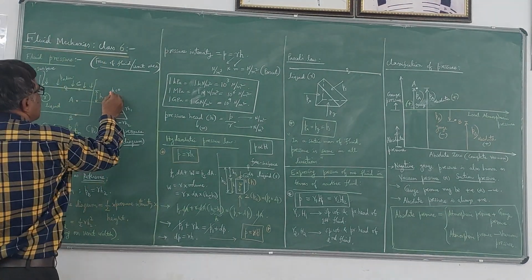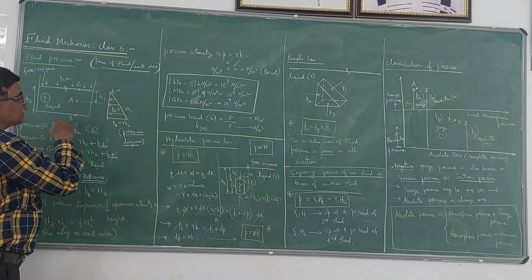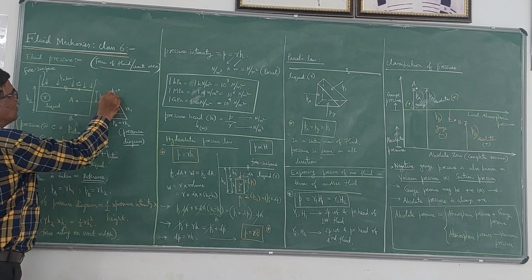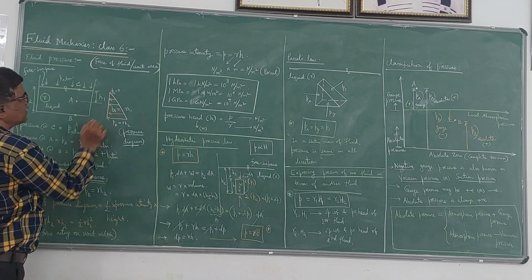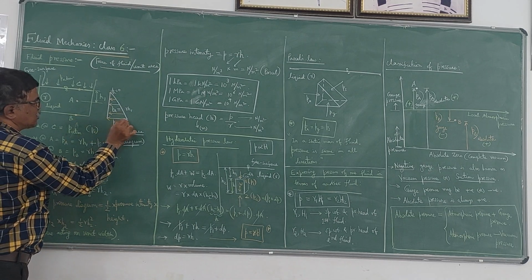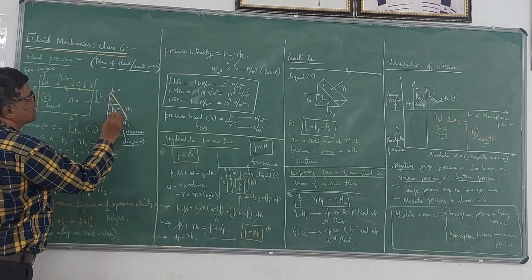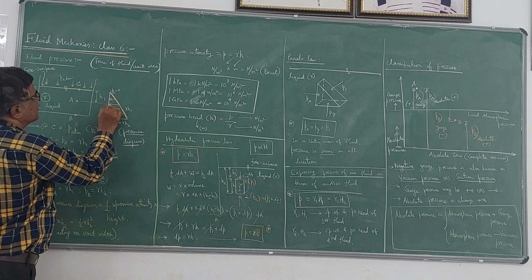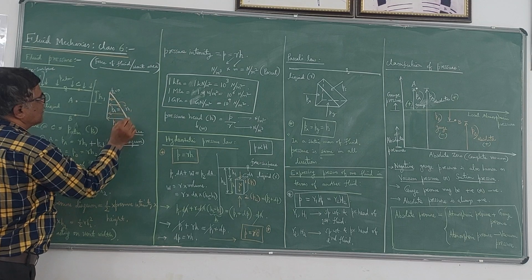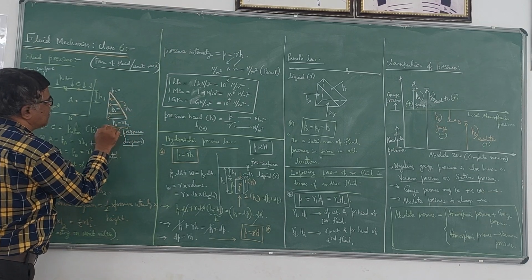So you can see here I have drawn the pressure diagram. Pressure at C is 0, pressure at A is gamma into H1, pressure at B is gamma into H2. If you join these three points, this value is gamma H1, and the entire value from here to here is gamma H2.